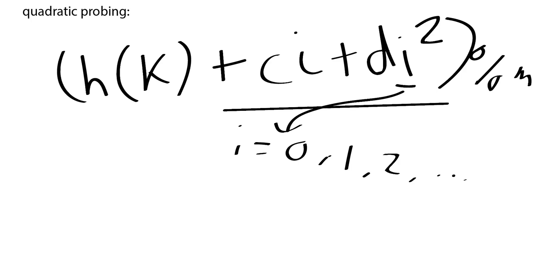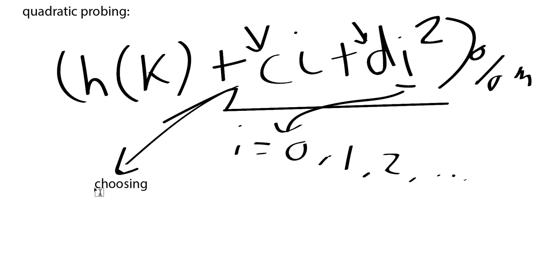But with quadratic probing, clustering can still happen, and choosing c and d without careful consideration, choosing bad c and d constants, can also lead to unused slots. So let me actually write that.